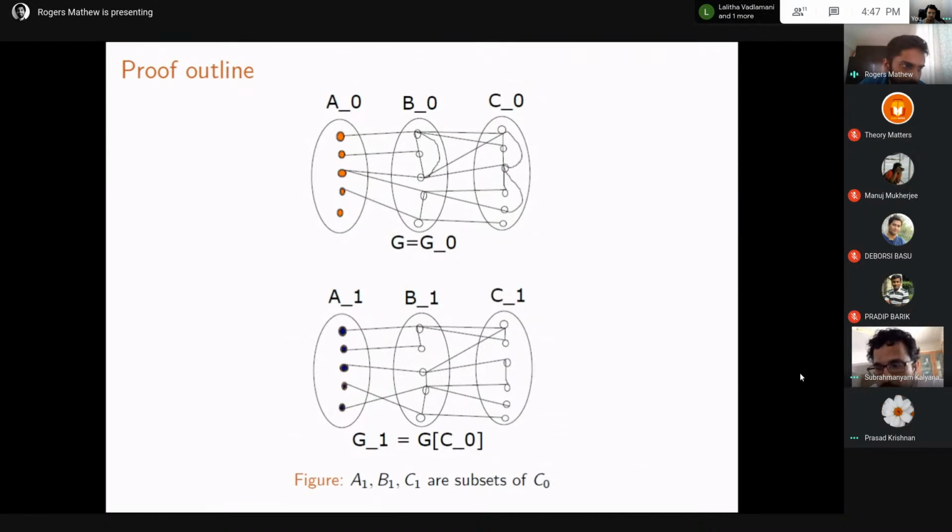Not really, we don't really care how it is constructed, but maybe for some special graph classes, what Prasad was suggesting may help. You start taking the high degree vertices, and maybe you can say that the size of C0 is considerably small, and then probably the number of steps you require could be much smaller. I didn't think of this.